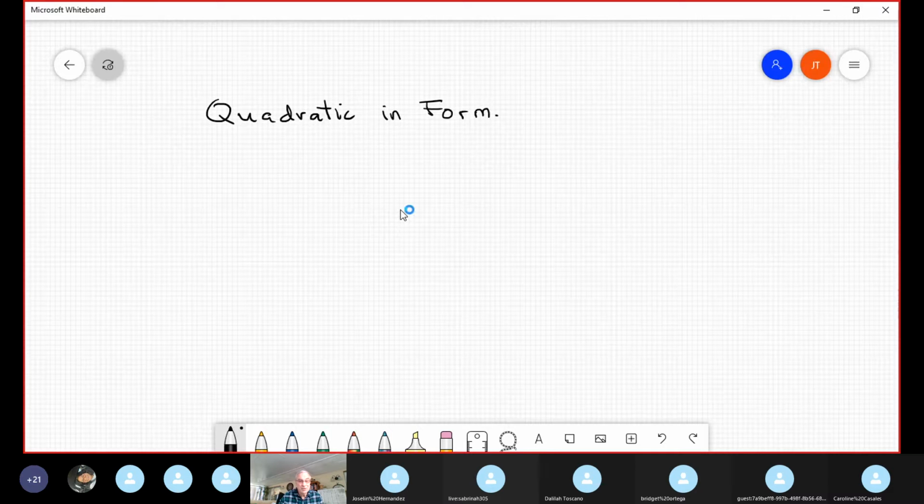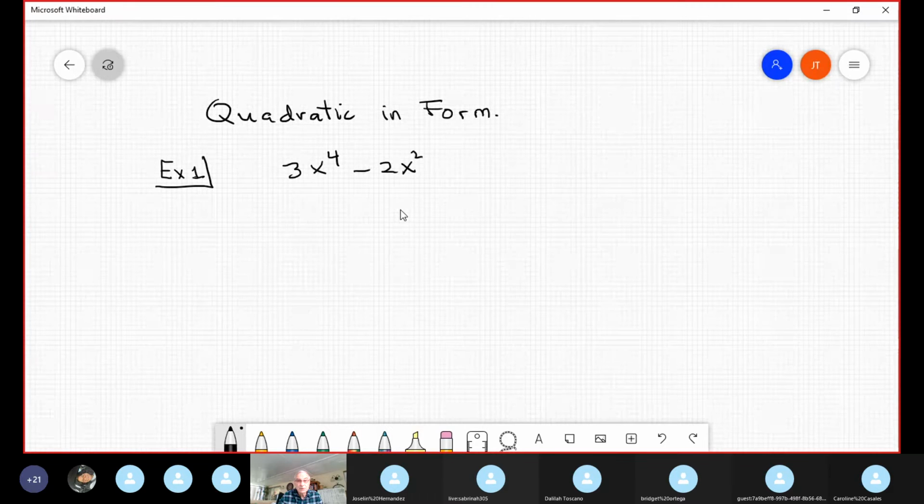This is an equation that actually is not quadratic, but we can convert it to quadratic. Let me explain. Suppose this example, example 1, is 3x to the 4th power minus 2x to the 2nd power minus 1 equals 0.